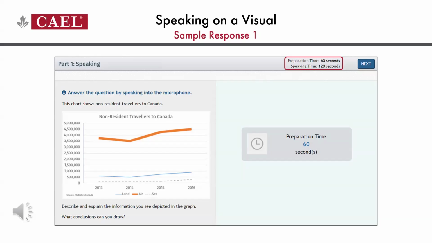In land transportation, it's pretty relatively stable. There is about close to 1 million, and it's also been increasing recently. Air travel is by far the most popular one, and sea has just remained at practically zero, less than 500,000.